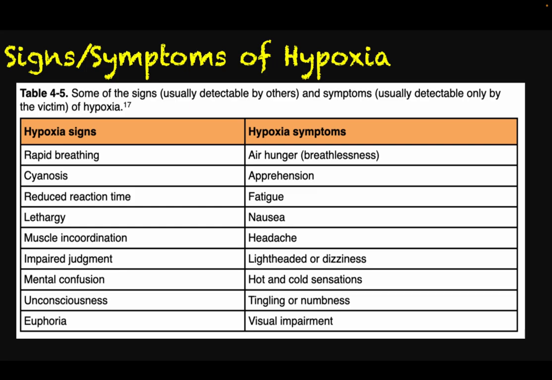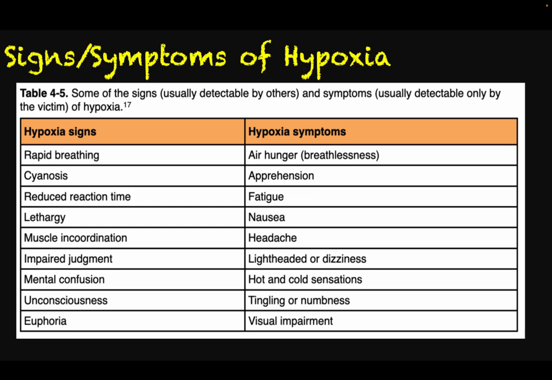A feeling of lethargy, muscle incoordination, impaired judgment, mental confusion, and then in the critical stages, unconsciousness, and then we mentioned euphoria. Euphoria, thankfully, is a sign that is identifiable very early on, and it usually is one of the things you want to look for immediately as a sign that maybe you're starting to experience the signs of hypoxia.